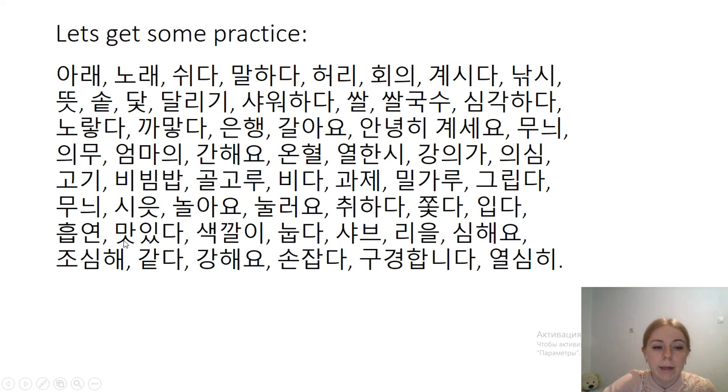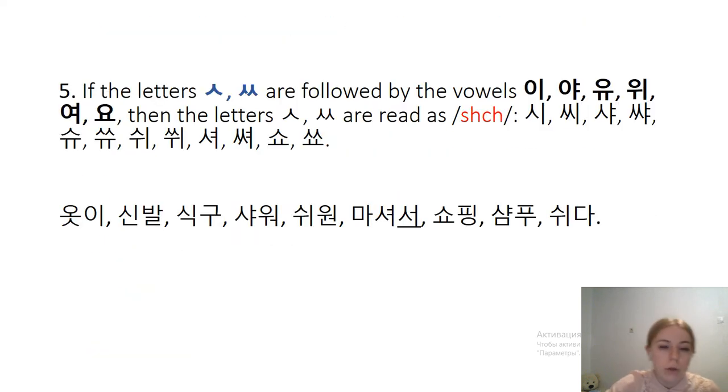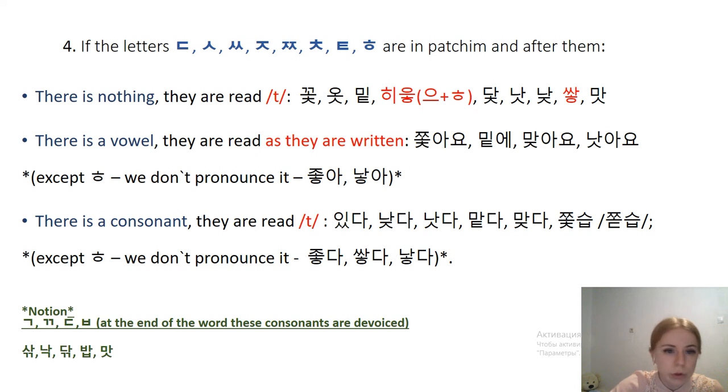맛있다. Here it's S plus E, and we have the rule sh. 맛이. And here it's double S in 받침 before a consonant. In this case, we read it like 드. Now there is a rule: when there is a consonant after it, we read these letters like 드.